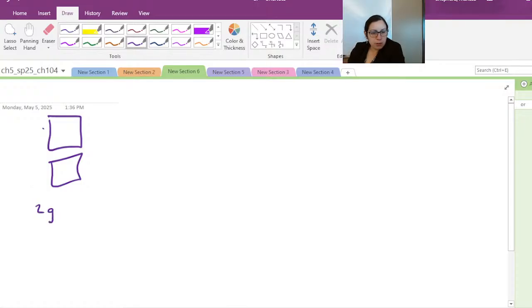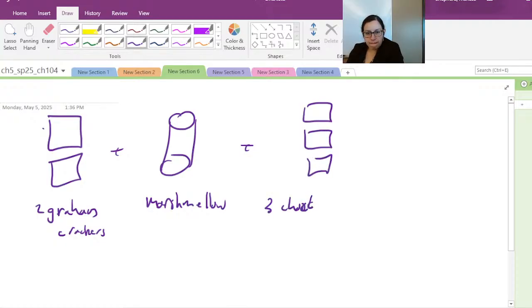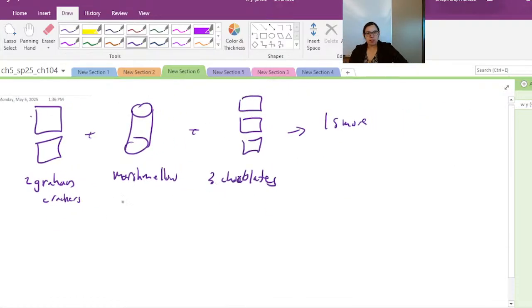So we still have our 2 graham crackers. I'm just rewriting everything. Plus our marshmallow. Plus my chocolate pieces. And still makes 1 s'more. And so now we'll add some molecular weights to them. So again, right, you all know how to calculate a molecular weight. You go to the periodic table and add everything all up.